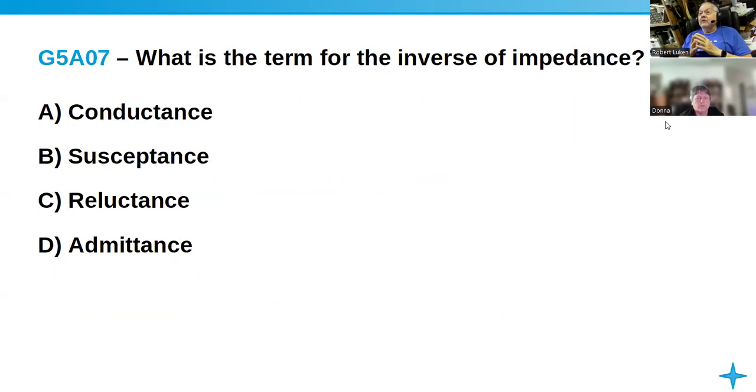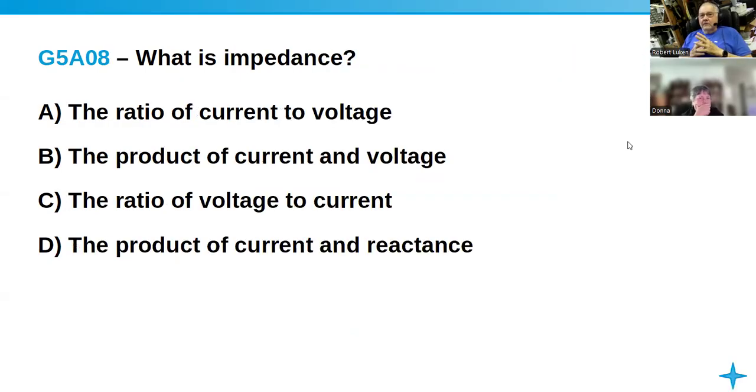What's the term for the inverse of impedance? It should be admittance because that admits the current flow. So it's admittance, delta. Okay. What is impedance? It's like Ohm's law.